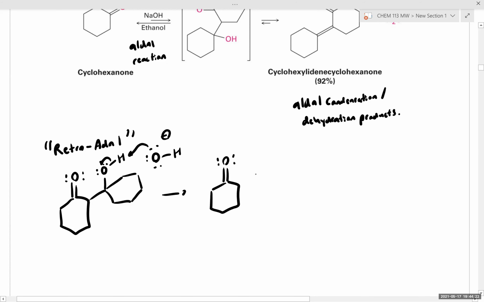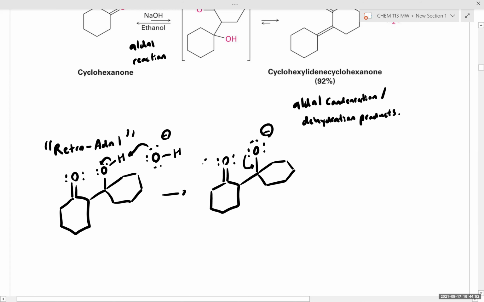The best way that I can describe this alkoxide ion is think of it very similar to the alkoxide generated as part of carbonyl addition reactions. And as we've learned in carbonyl addition reactions, if we can reform this carbonyl by losing a leaving group, we can often lose our leaving group.